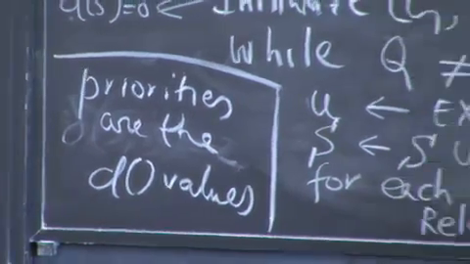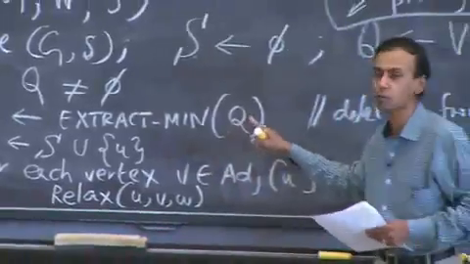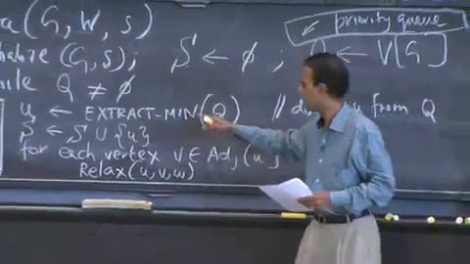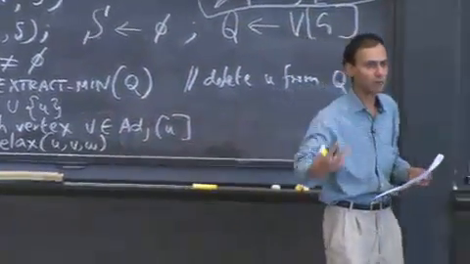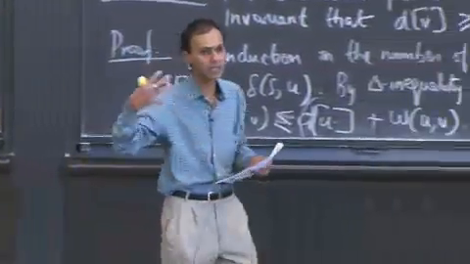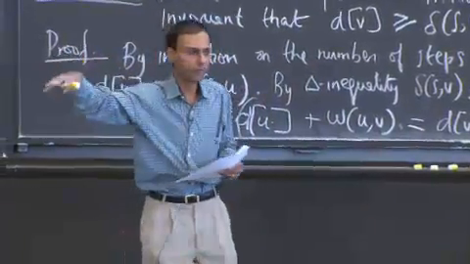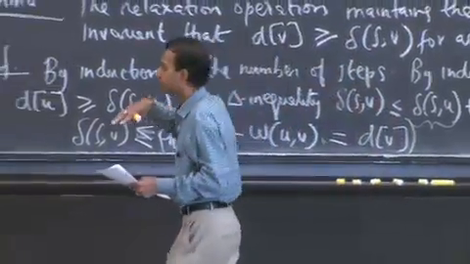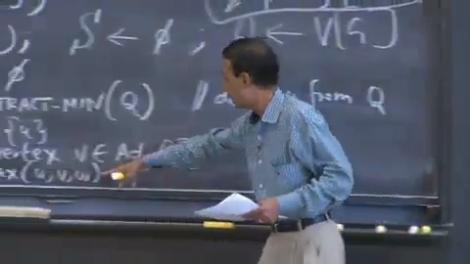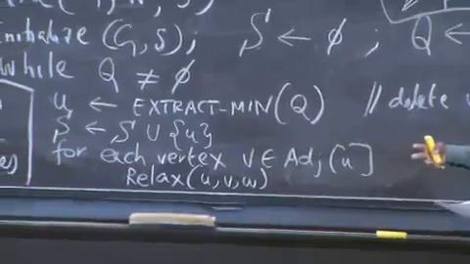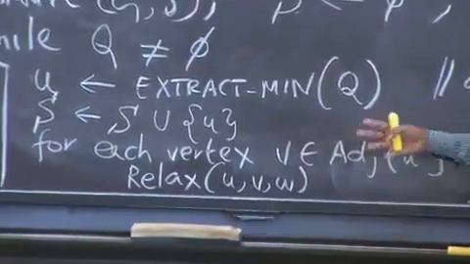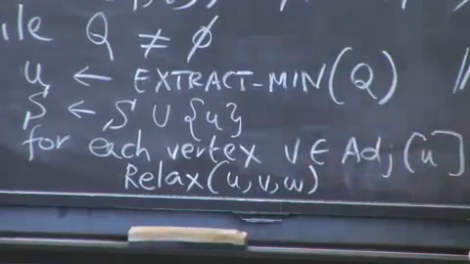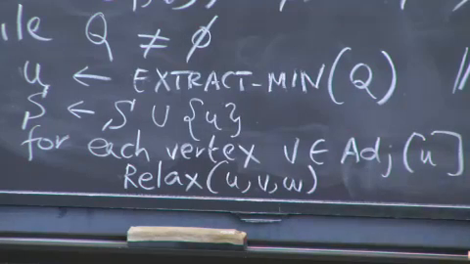So the very first time you're going to set u to be small s, the starting vertex. Then you relax the edges coming out of s, potentially changing some of these other infinity values of the vertices that you can reach from s to be less than infinity. You change the values in the priority queue, go around, and select the min value the next time, and so on and so forth. OK? Thanks for the question. Any other questions?